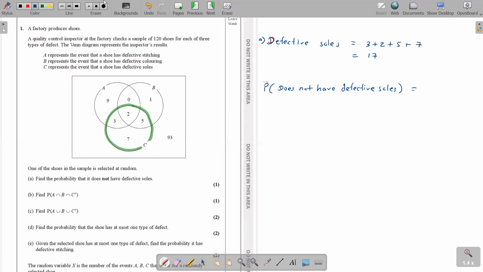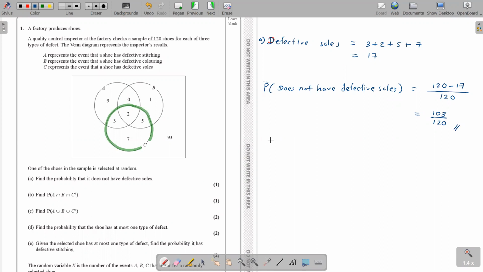We have 120 shoes, so 120 minus 17 is 103, right? So 103 out of how much? To make it a probability, you have to divide by 120. So the answer is 103 out of 120. I think it doesn't simplify. So that's it. It's just 1 mark, you could write this immediately. You don't even need to write all this because it's 1 mark.